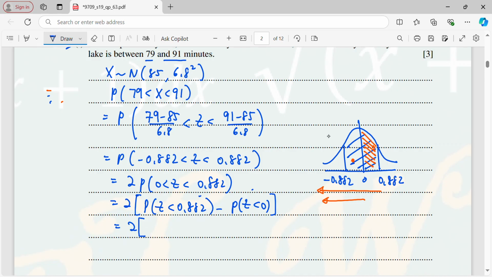Then you will be getting 0.8111 minus 0.5. After you subtract and times 2, you will be getting 0.6222. We always leave our answer correct to 3 significant figures, therefore it will be 0.622. That is the solution for question 1, first part.